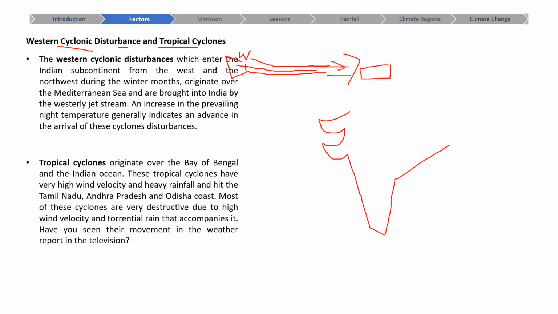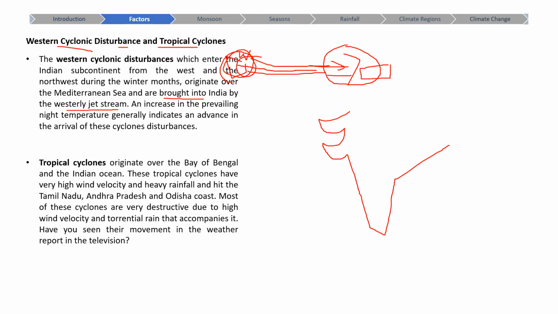Due to this, the disturbance which takes place in the Mediterranean Sea, this cyclonic disturbance, moves from west to east and reaches Iran, Afghanistan, then Pakistan, then it comes to the north of India, and here this cyclone is brought into India by the westerly jet streams.